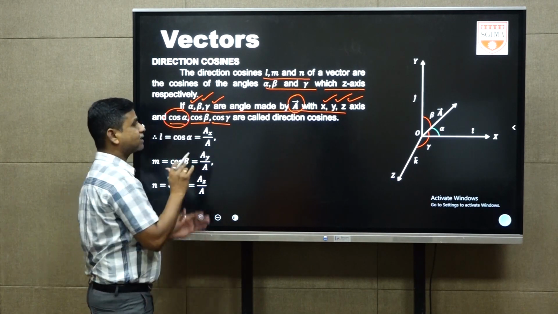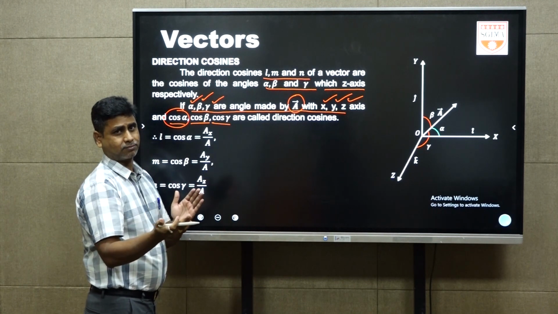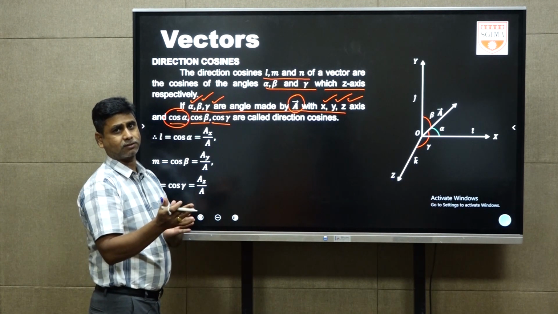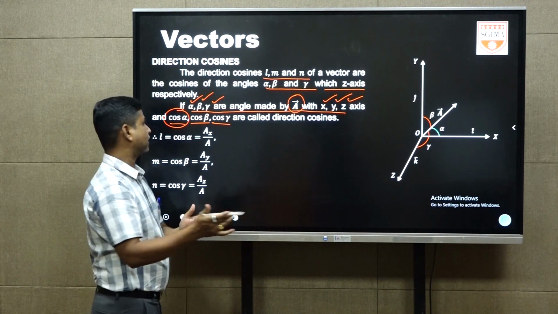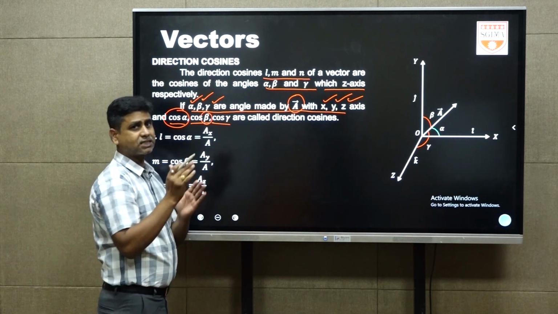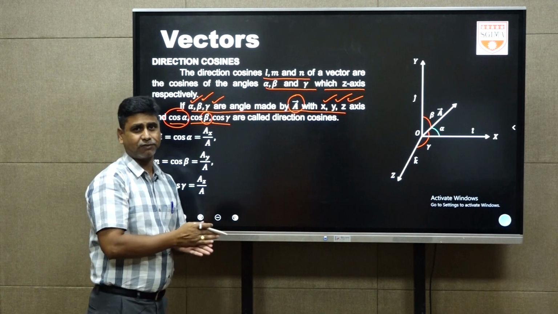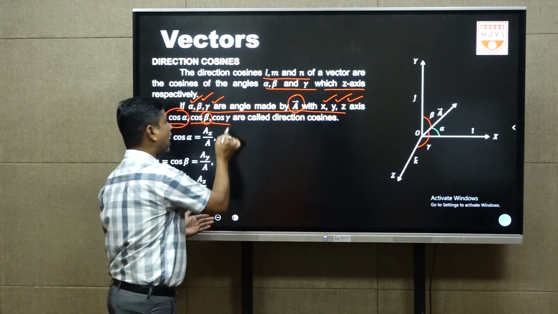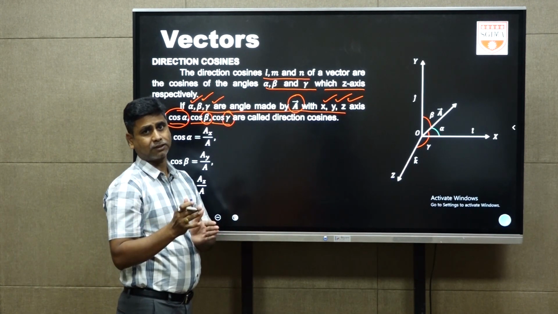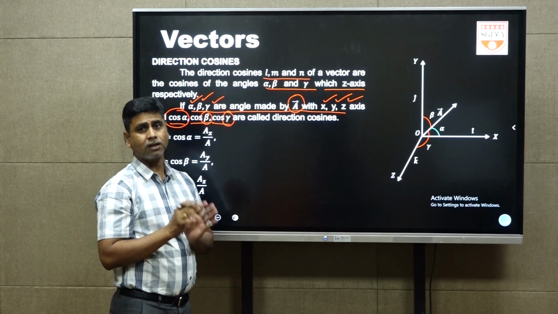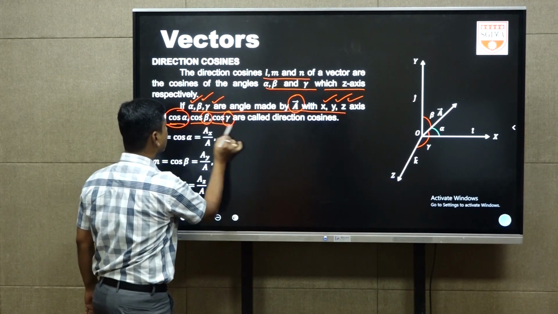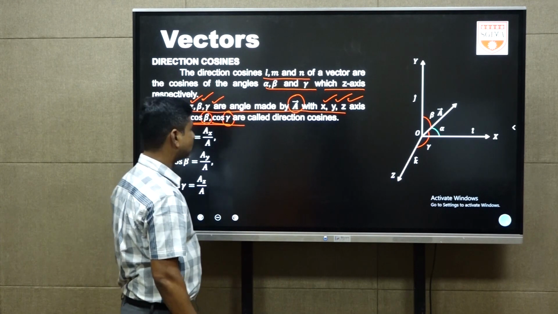Alpha represents direction, cos means cosine function, that is why it is called a directional cosine. Beta gives the angle with the y-axis, gamma the angle with the z-axis. That is why these are called directional cosines.